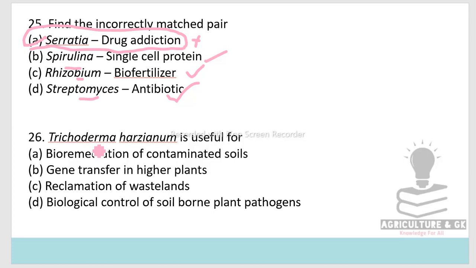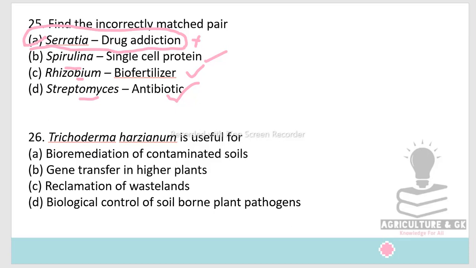Now moving next. Trichoderma harzianum is useful for bioremediation of contaminated soils, gene transfer in higher plants, reclamation of wastelands, biological control of soil-borne plant pathogens. So Trichoderma harzianum is a free-living fungi that is commonly used in controlling the disease-causing plant pathogens.